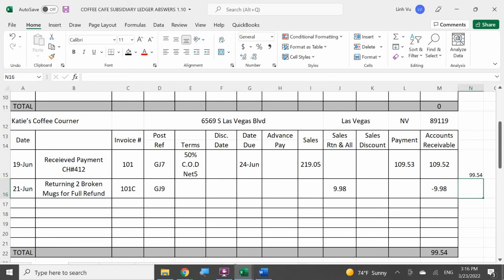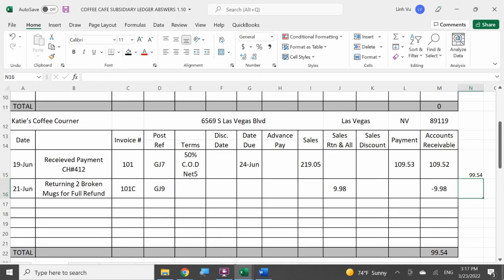Katie, now that I credit your account for the $9.98, you now owe me $99.54. Okay? So that's something you have to do as a person issuing this to their customer when a customer wants a refund.